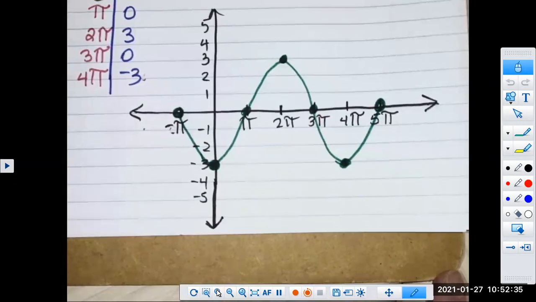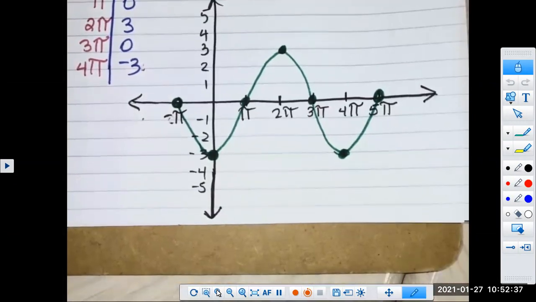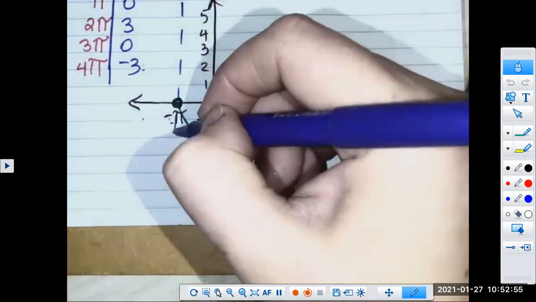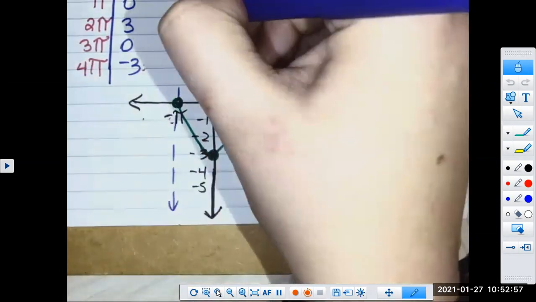Okay, there's our basic cosine curve. This is how you graph secant. You're going to draw asymptotes everywhere this graph crosses the x-axis. So at all of your x-intercepts, there is a vertical asymptote.